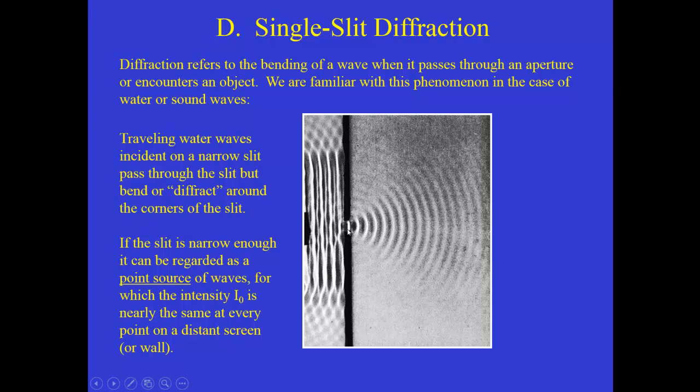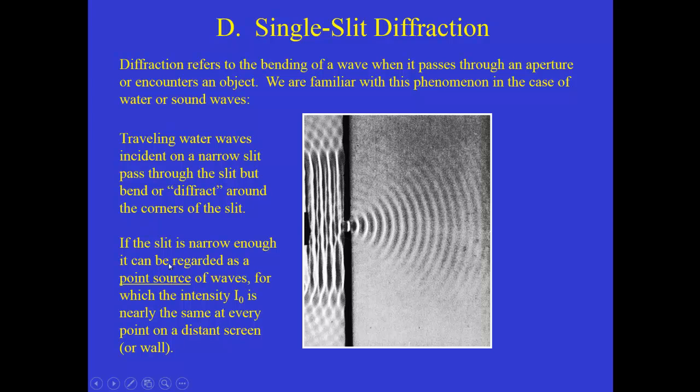The plane waves coming in are created by, let's say, taking a stick and splashing it into the water at regular intervals, so that you get this wave propagating from left to right, and then it encounters this solid barrier so that none of the wave passes through at the barrier, but only through this central slit. But notice what happens. After it passes through the slit, part of the wave bends around the corners of the slit. And so we end up with that slit looking like a point source of waves.